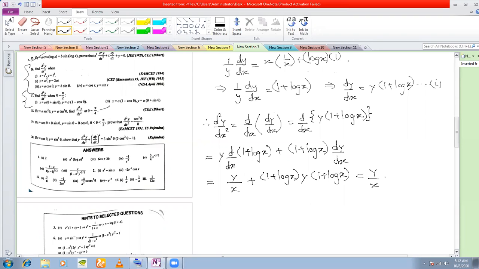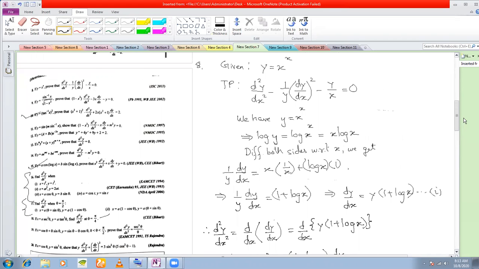Others we are all putting. If required, we'll put the value of y. Okay. So y times 1 plus log x whole square, which is y. You can take common. What are you left with? 1 by x plus 1 plus log x whole square. Fine. So this is what we get d2y/dx2.